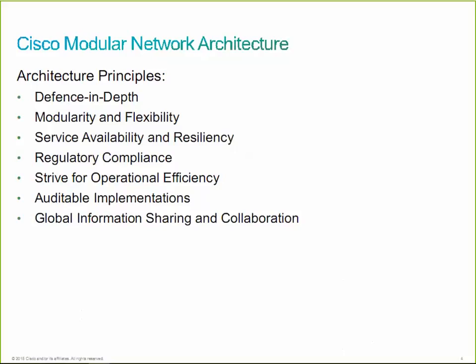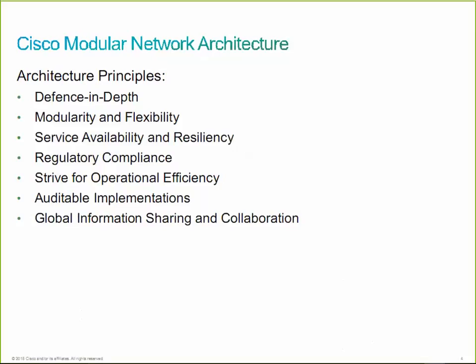So we have a lot of different security technologies. They're going to be deployed at many different layers in our network where they can deliver whatever purpose or value that they're supposed to deliver in the network.